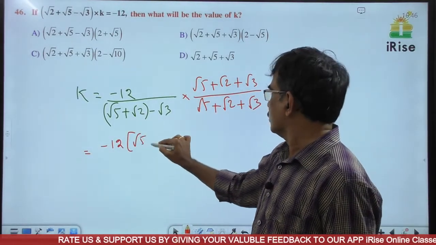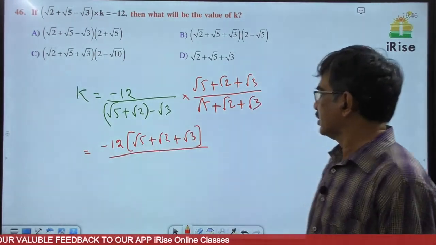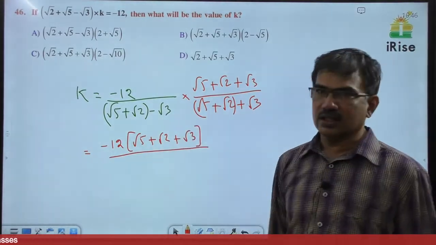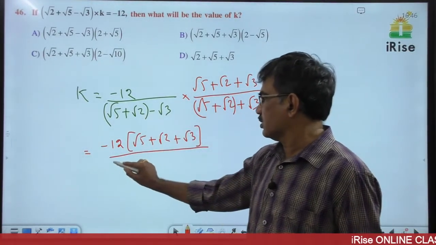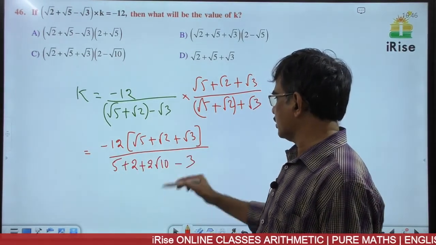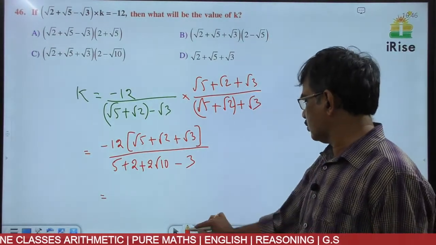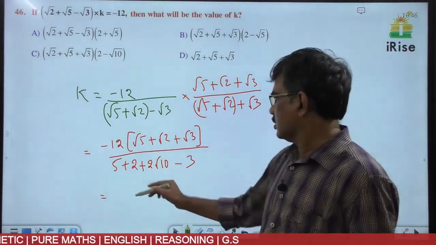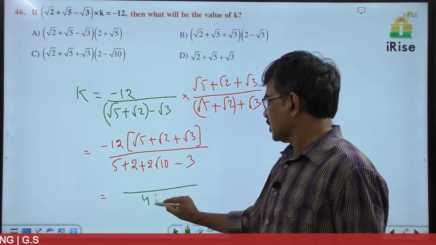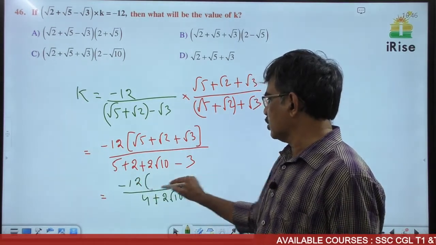This is root 5 plus root 2 plus root 3 by, this is a plus b, a minus b, a square minus b square. What is a square? 5 plus 2 plus 2 root 10 minus 3. Again this can be written as, what do we get here? 5 plus 2 is 7, 7 minus 3 is 4, plus 2 root 10, this is minus 12 into this part.